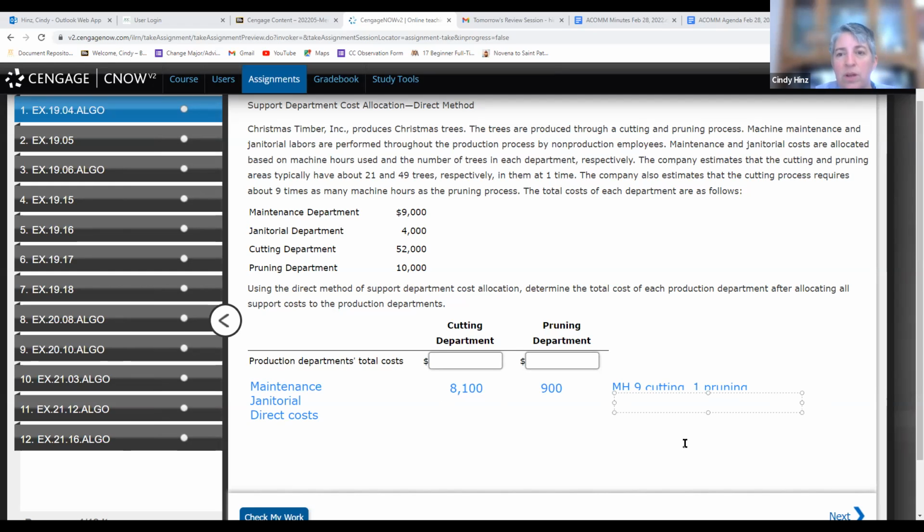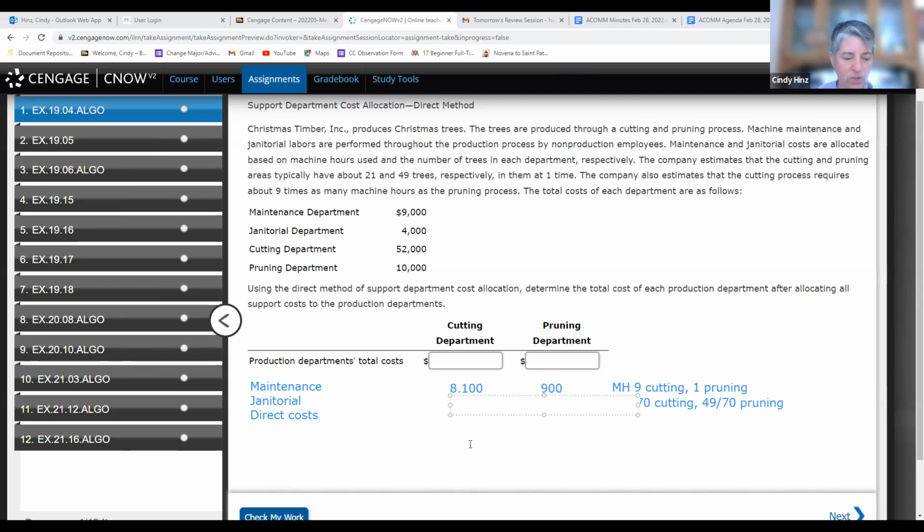So as we look at janitorial, that's going to be based on the number of trees. And the cutting department has 21 of the 70 trees, and the pruning department has 49 of the 70 trees. So 21 and 49, total of 70 trees. So the total cost for janitorial is $4,000.